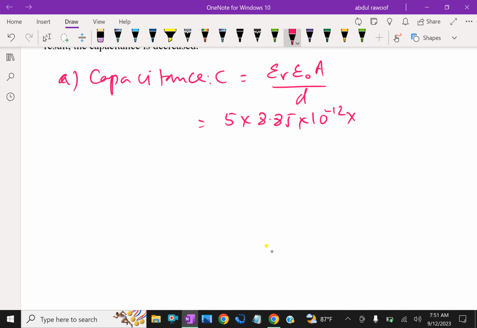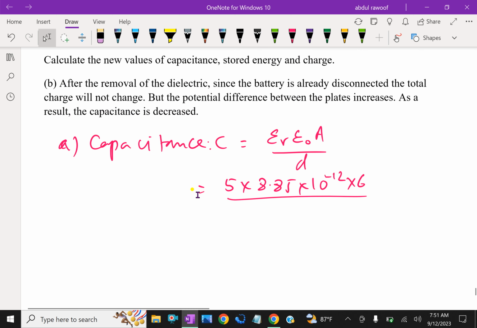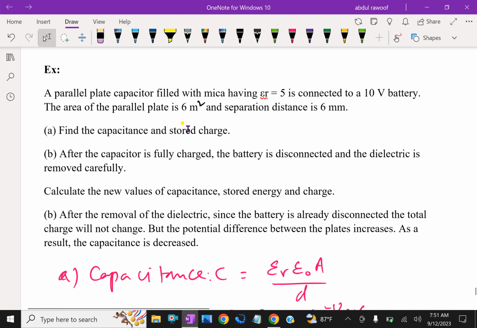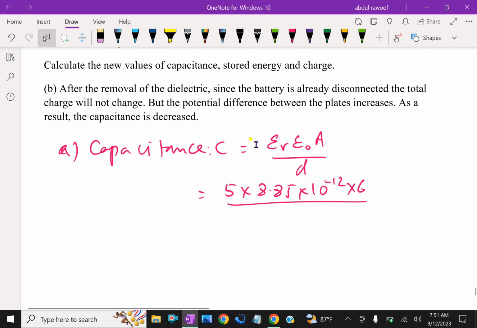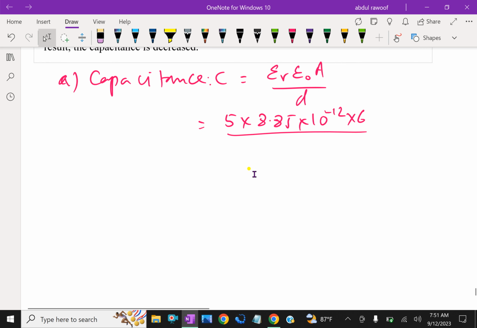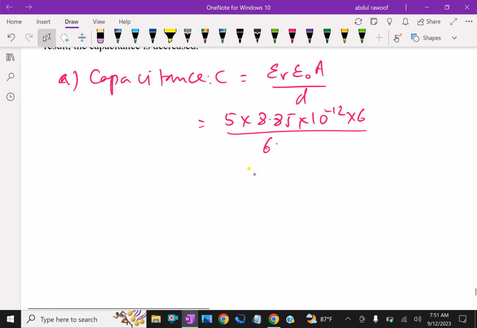Then parallel plate area is 6 meter square over the distance between them, 6 mm, which is equal to 6 into 10 power minus 3 meter.